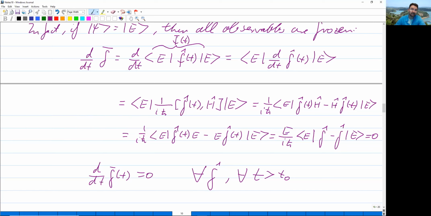The quantum fluctuations in the energy, in this sense, are the drivers for any kind of dynamics. No dynamics without energy uncertainty.